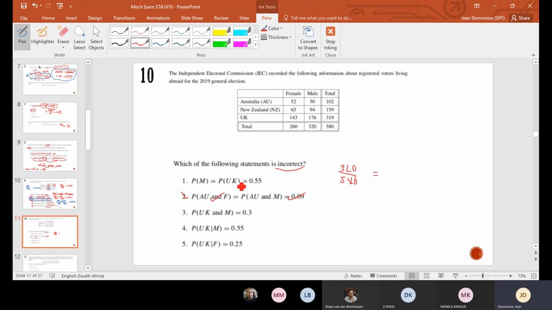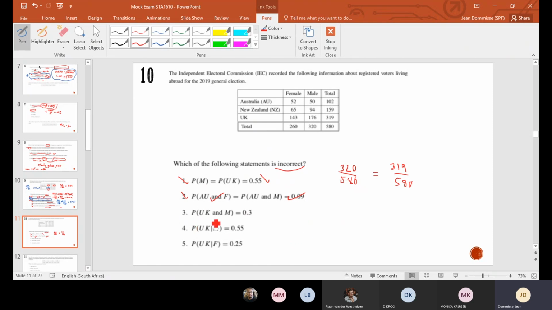Probability of being UK. So again, it is very close because it is 319 divided by 580. So those two will also be the same if you round it off to 2 decimals. Okay, so those two are correct.